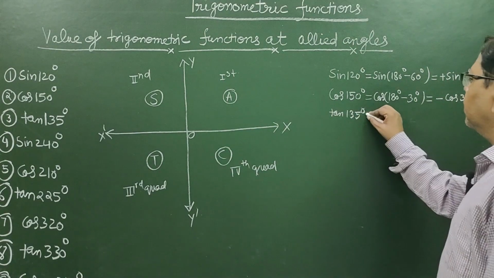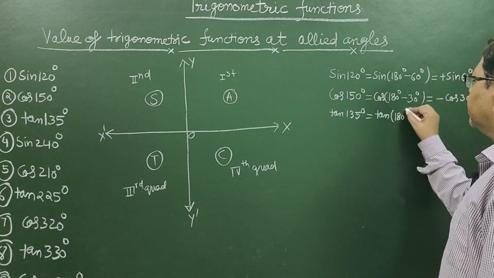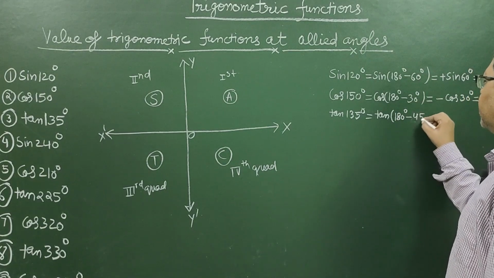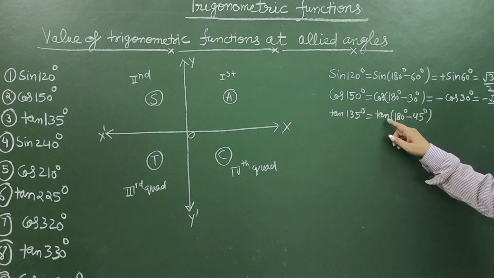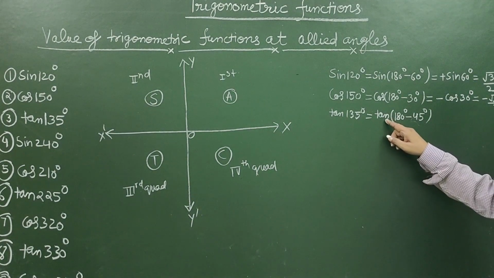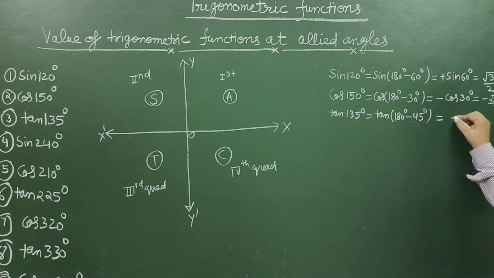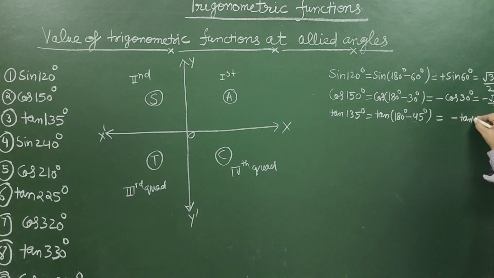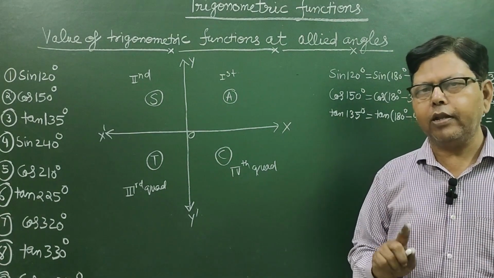So tan 135, first I can write this as tan of 180 degree minus 45 degree, and in the case of 180 degree there is no change in the function, so I can write this is equal to minus tan 45 degree, and minus tan 45 is equal to minus 1. So the value of tan 135 degree is equal to minus 1.